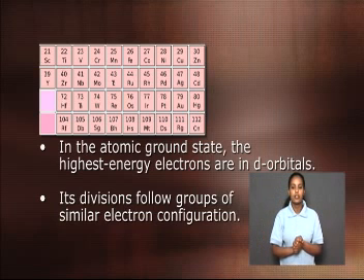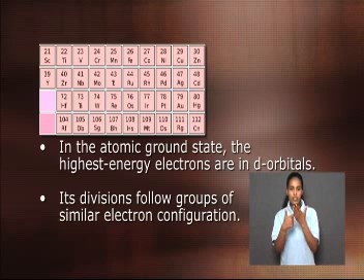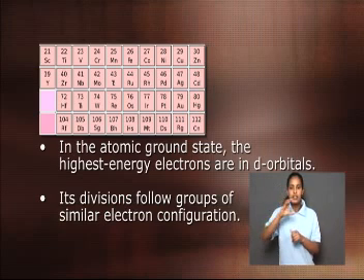Lutetium and lawrencium are exceptions to this. Group 12 metals are also in the d block, although their d subshell is filled completely. The atoms of the elements in d block have their highest energy electrons in d orbitals.